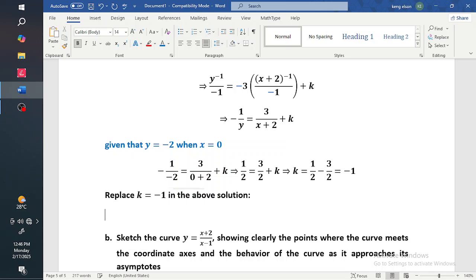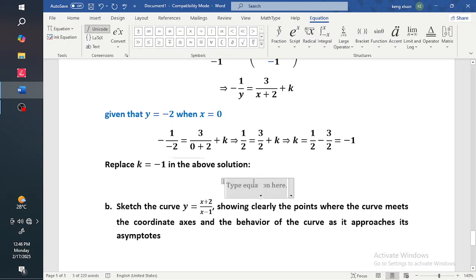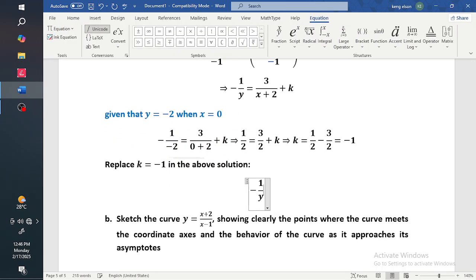So if we do that, we are going to have negative 1 over y equal to 3 divided by x plus 2. Then we replace k with negative 1, so that's a minus 1. Then I'm going to find y, because I have to put my answer in the form y equal to f of x. So to get y, I'm going to simplify the right hand side. In fact I'll divide all through by the minus sign first.